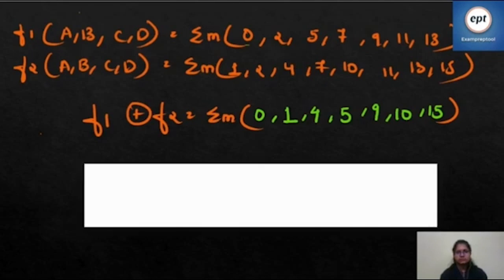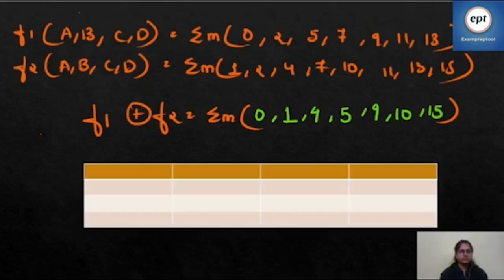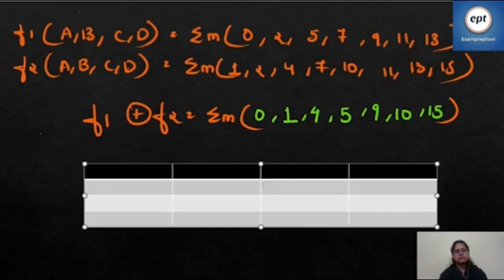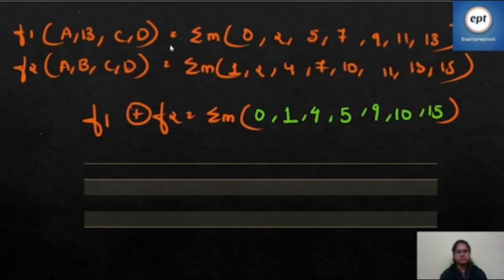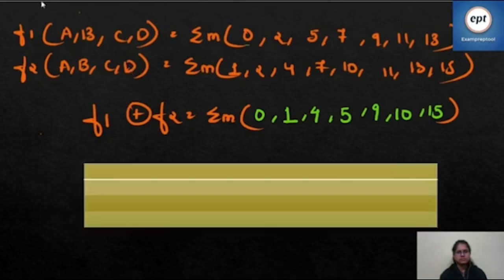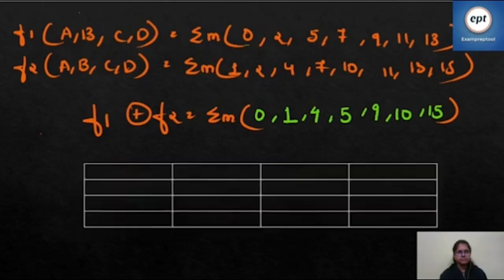Okay, so let's consider this as the table. Yeah, this is perfect. This is actually a 4 cross 4 table because the elements given here are 1, 2, 3, 4.